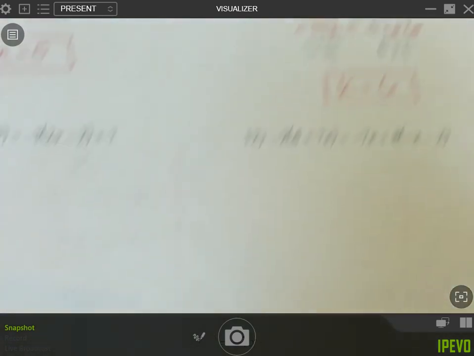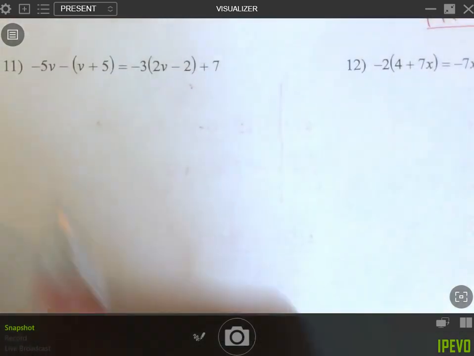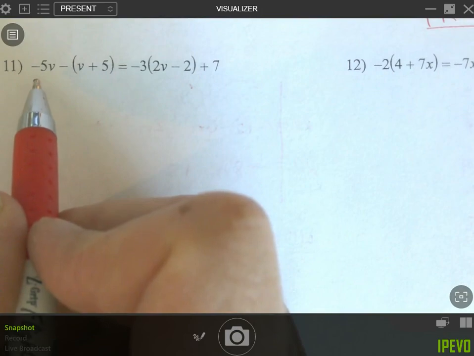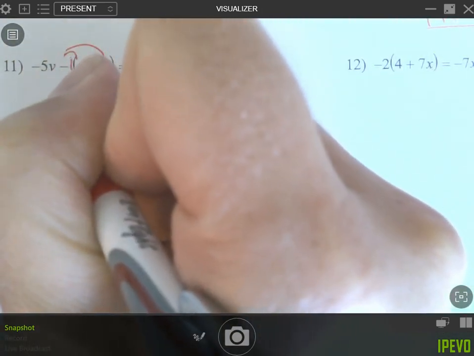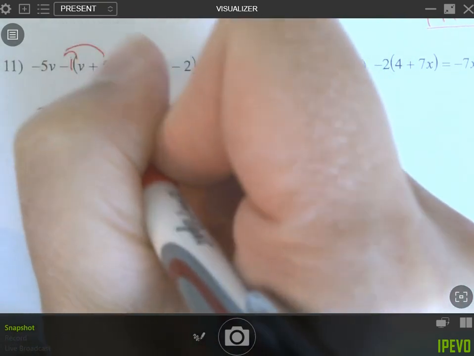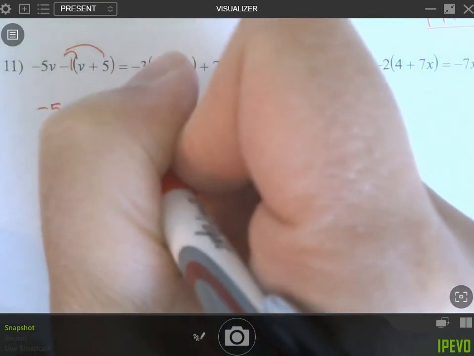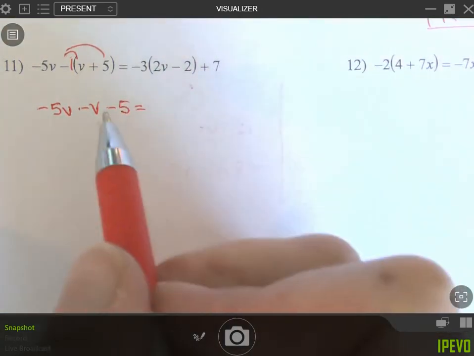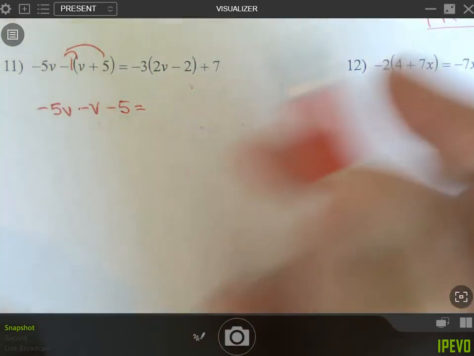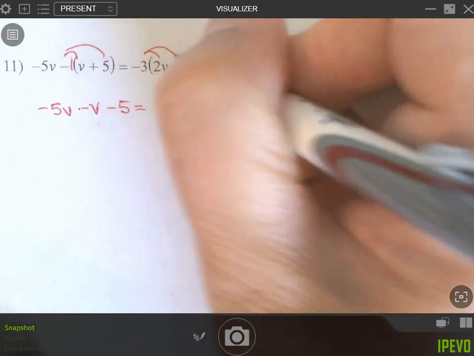All right, so if you look down here, I want to make sure that negative 5v is not being distributed. It's like a negative 1 there. So the negative 5v stays, and it should be negative v and a negative 5. Are we okay with that? Now, if you wanted to, you could keep moving down and clean this up. I'm going to jump over here and distribute.